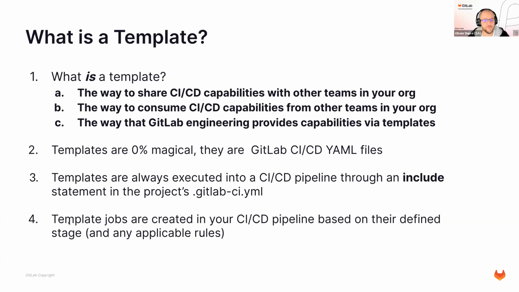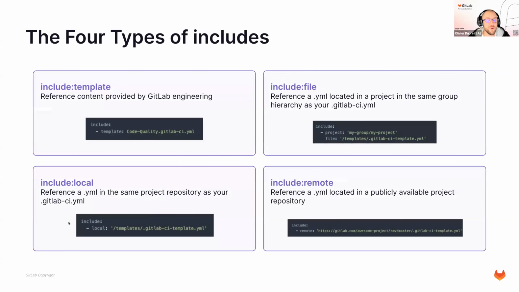All right. So let's move forward and see what we can do and how we can include these templates. We have discovered that there are basically 4 types of needs here. The first one is the one that I've just talked about: reusing templates that our engineers are developing and sharing for you. This is the include template keyword, the one that you have seen in the previous slide and the one that you see in the top left corner here. You can also reuse your own templates or the ones that your colleagues are developing in their own project.